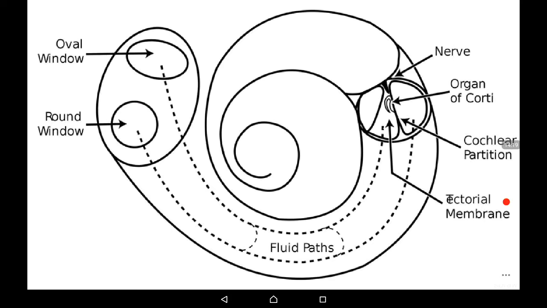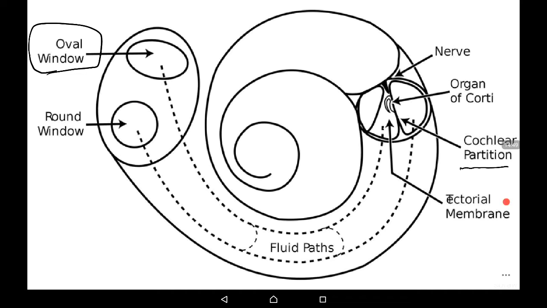So here we may see the oval window in the left upper corner, and the fluid path is going along the cochlea. The cochlea makes 2.5 turns, and then back in the cochlear partition, and just to the round window.